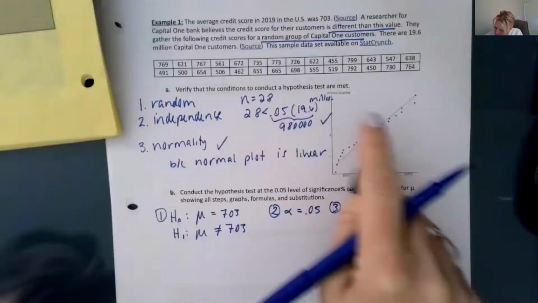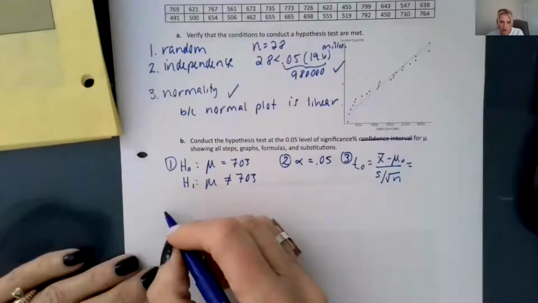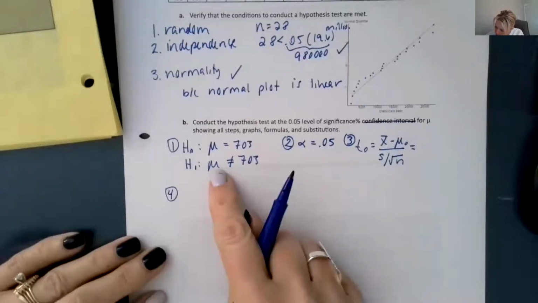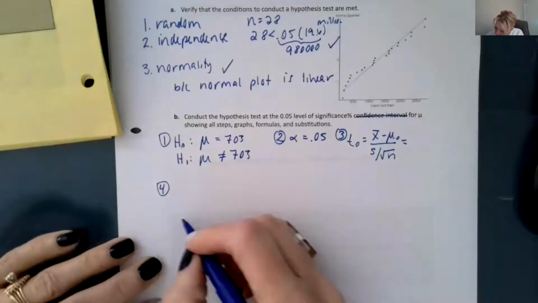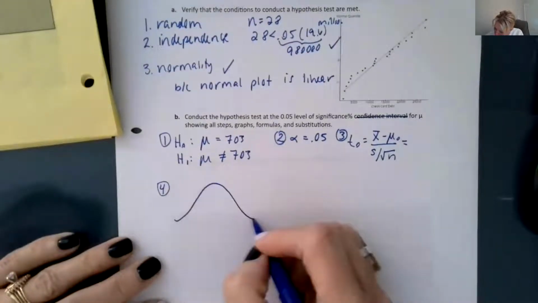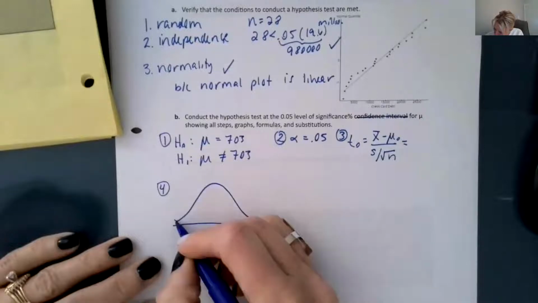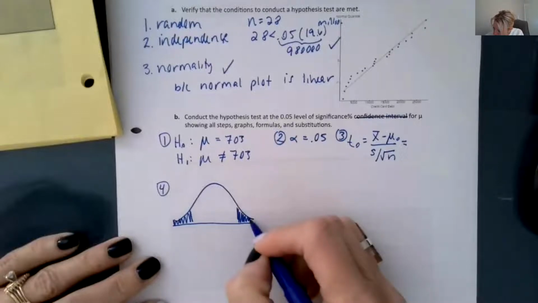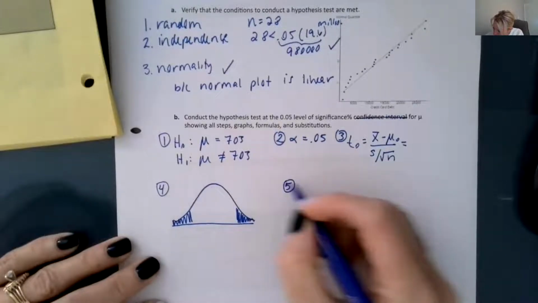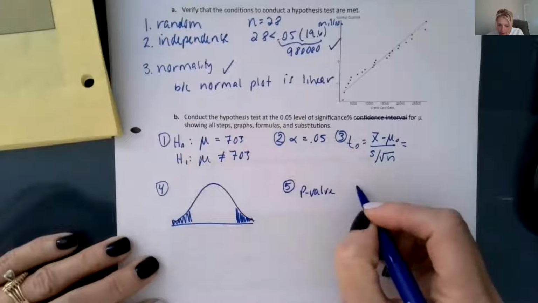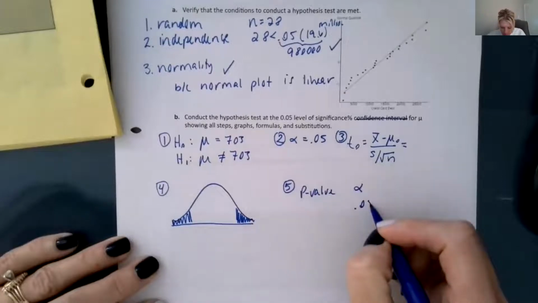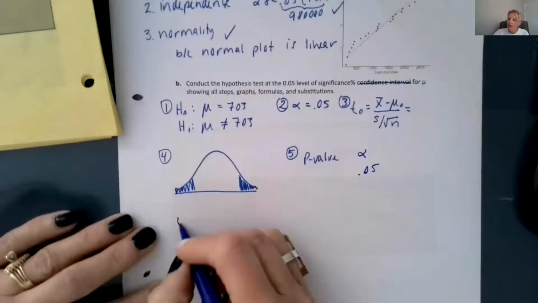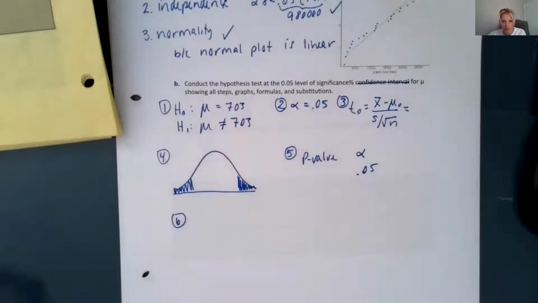But our picture is going to be reflective of our hypothesis statement. And it's two-sided, so we have to draw our picture accordingly. And then we're going to get our p-value from StatCrunch, and we're going to compare that to alpha of 0.05. And then we're going to state our conclusion. So let's go ahead and go to StatCrunch and find our data.